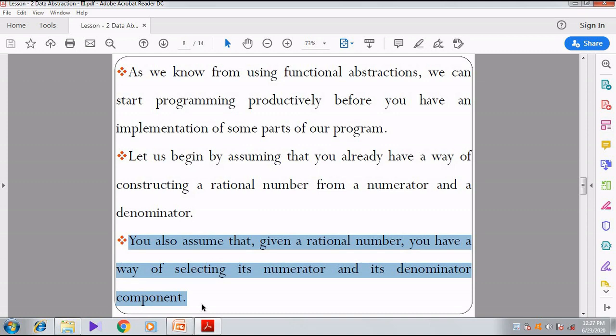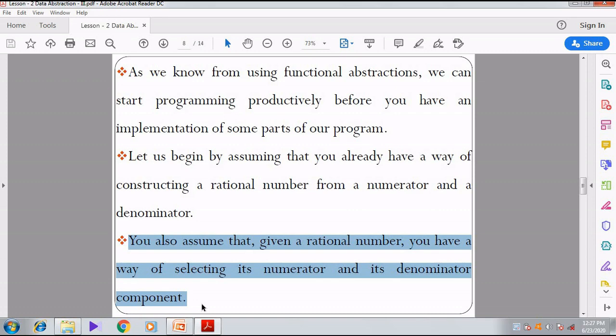So again they are explaining the same thing. Whenever we are constructing a rational number, from the numerator and denominator we are able to construct it. You are also assuming that given a rational number, you have a way of selecting the numerator and its denominator component.